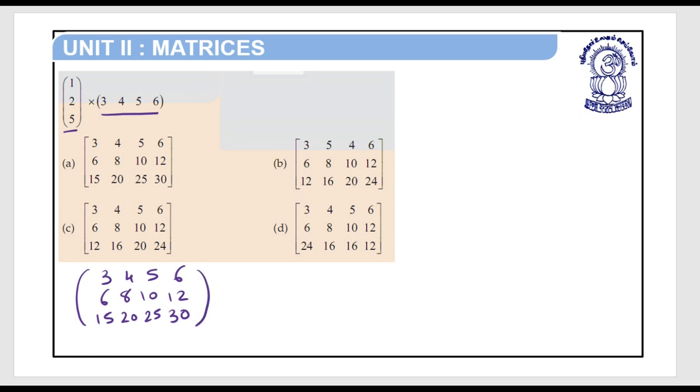So answer is 3 4 5 6, 6 8 10 12, 15 20 25 30. So answer A is right answer.